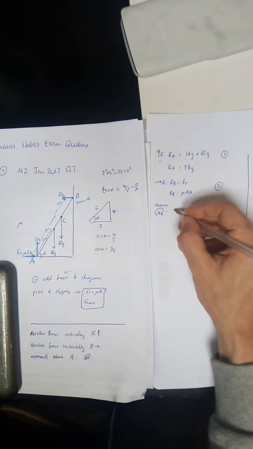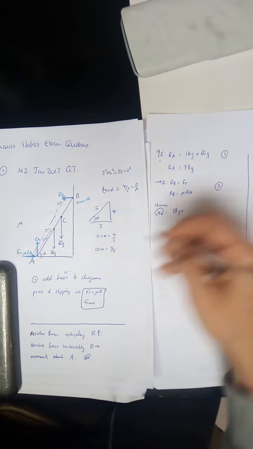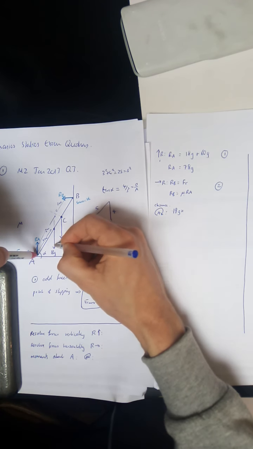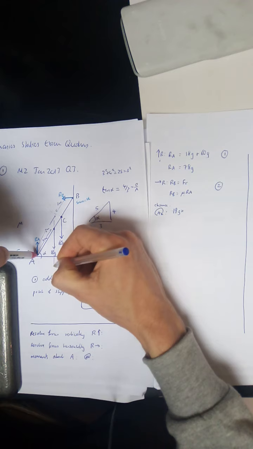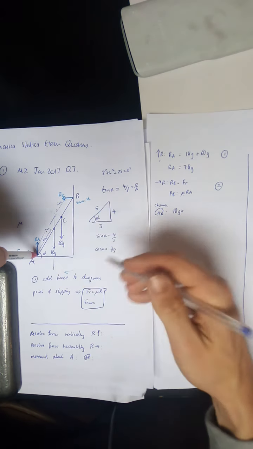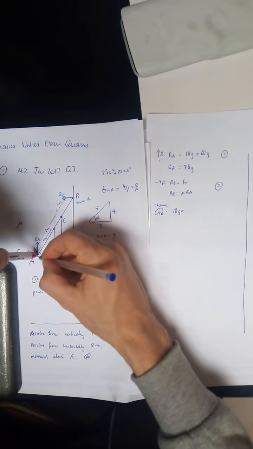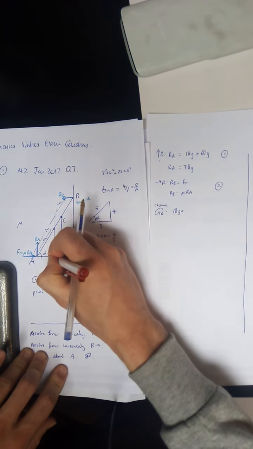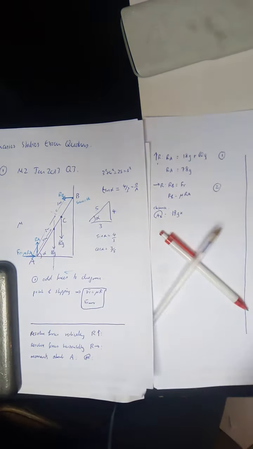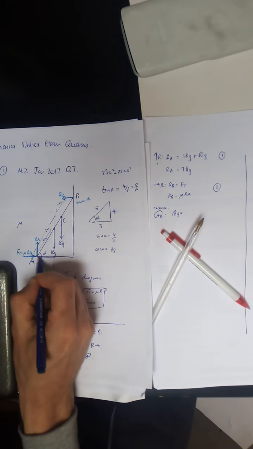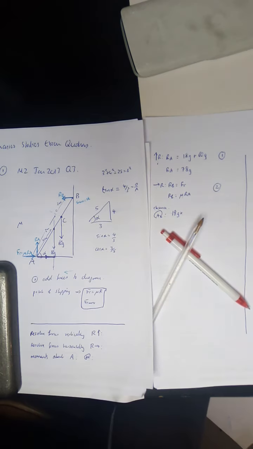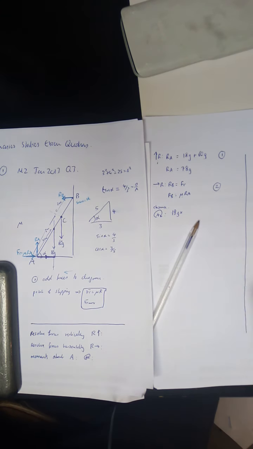So we want 18g times by, now here's the pivot, this is the direction of the force. We want to know the perpendicular distance of the pivot from the direction of the force, which is this distance here. So how are we going to work that out? Let's draw a little triangle.